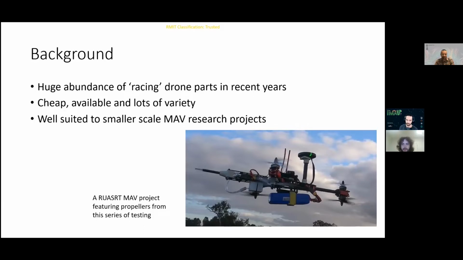A pictured example, which is where some of the motivation for this project came from, is another Unmanned Aerial Systems team project that's, I think, made a few appearances in previous IMAV conferences, where we have 6 5-inch multi-rotor propellers where the diameter was a fixed constraint. And in this sort of regime, the only options available are these drone racing propellers.